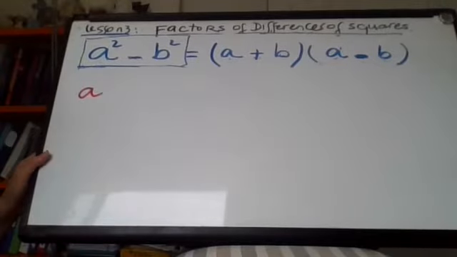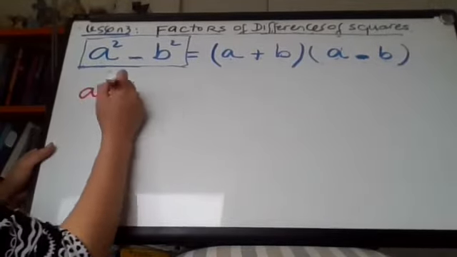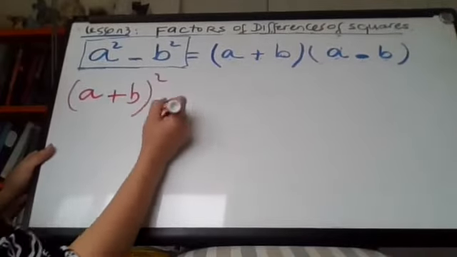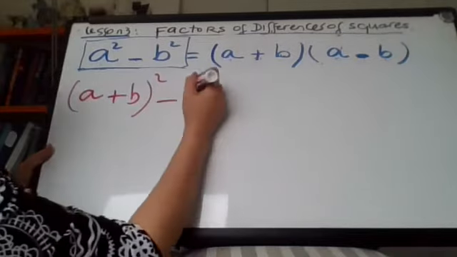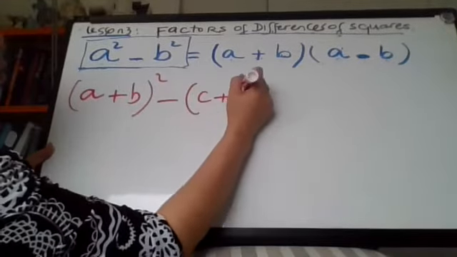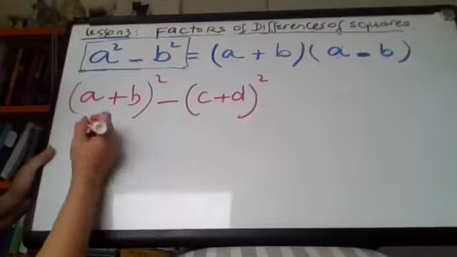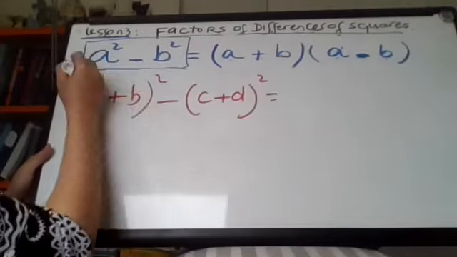Okay, so a plus b, all of them squared, minus c plus d, all of them squared. And you can see this is the left side, right?